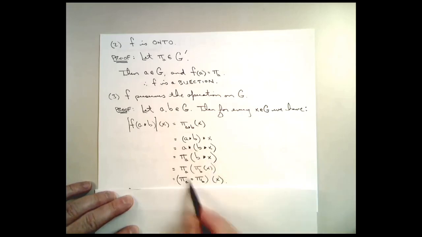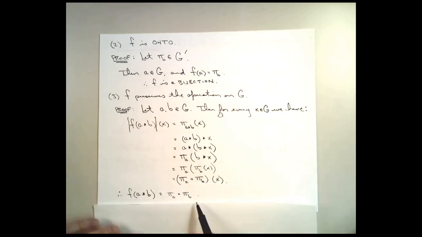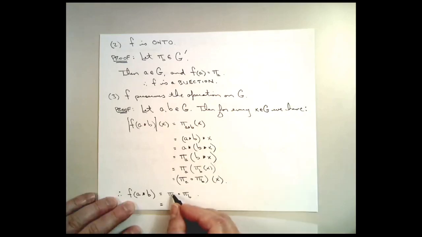But what is pi sub A? Isn't that what F sends A to? And isn't pi sub B what F sends B to? It is. Pi sub A is exactly F of A. It's the permutation that F sends A to.